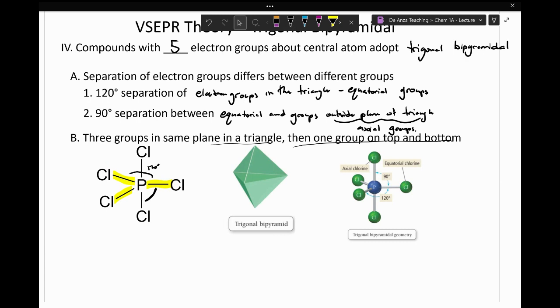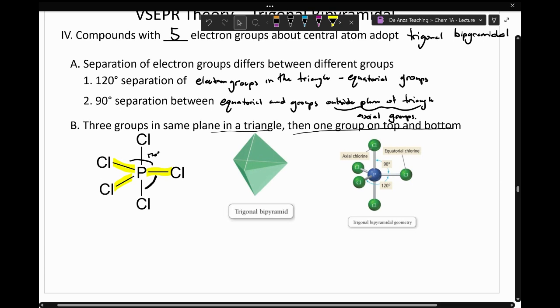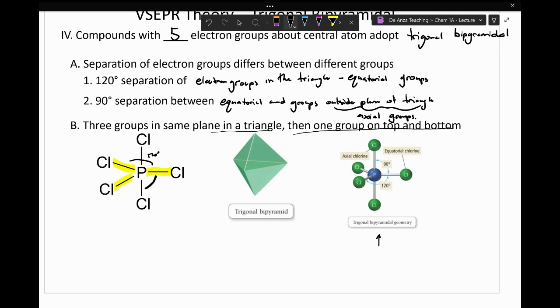Technically, the most correct way to depict this is if I look at this geometry right here, we can see that we have phosphorus and then a chlorine, and a chlorine, all of them in the plane of the board because they're not coming out or going away from us. Then we have one chlorine coming out at us, and one chlorine going away from us. And so we show what a trigonal bipyramid looks like. You imagine you have your central atom right here, and it forms a bond to each vertex here.